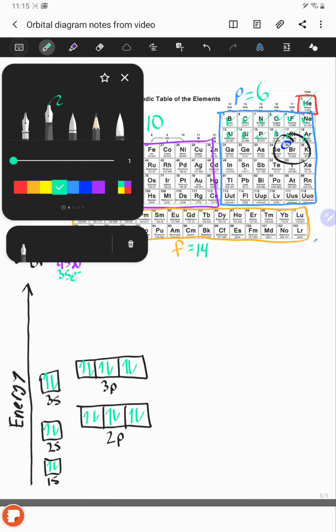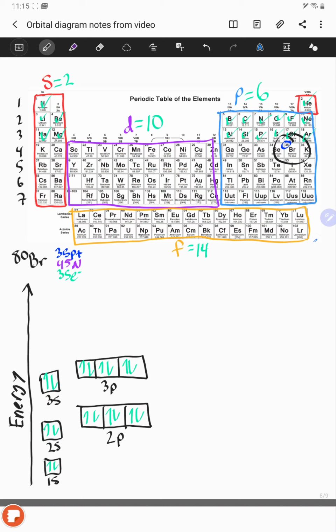After 3p, we're going to be here. So that is 4s. So we're going to fill those in. And we can draw in the next orbitals as well. So after 4s, the 3d will be located up here.